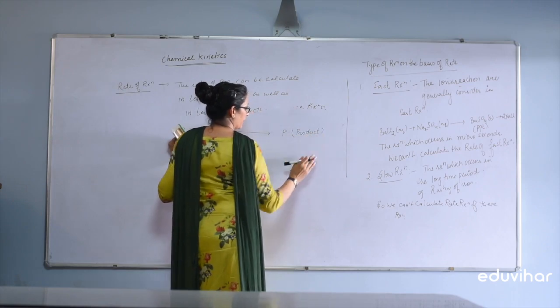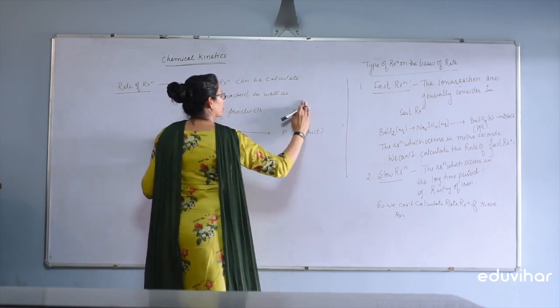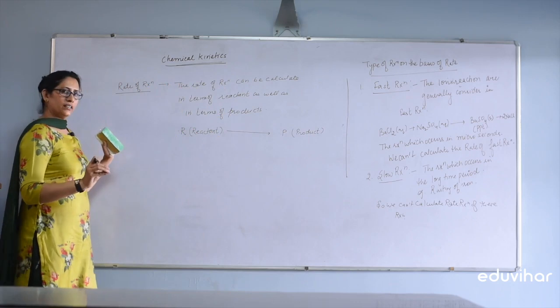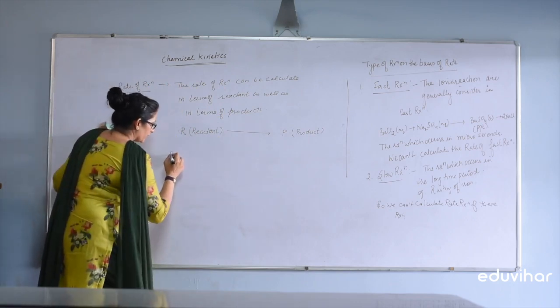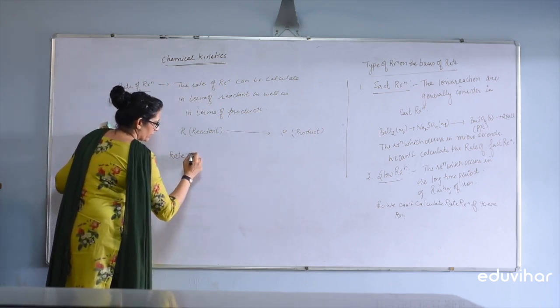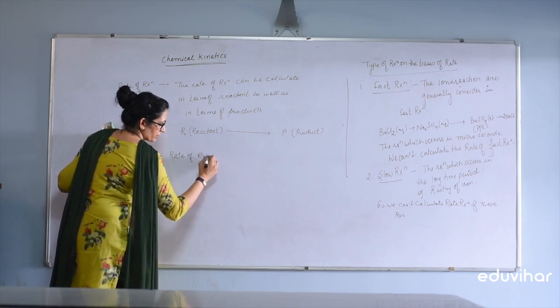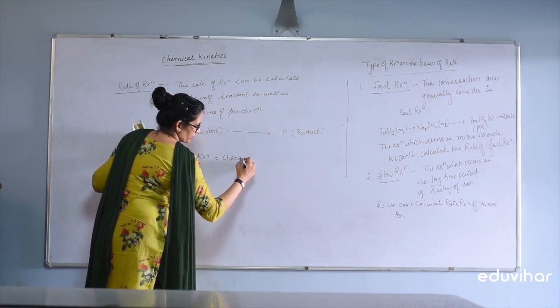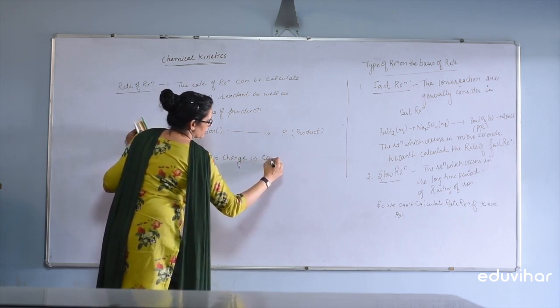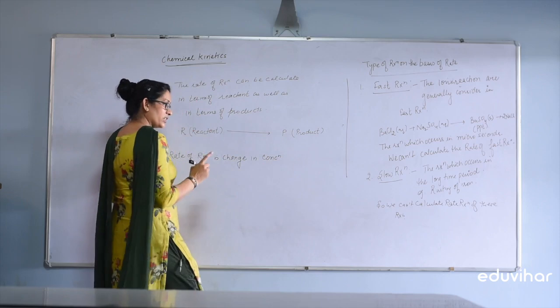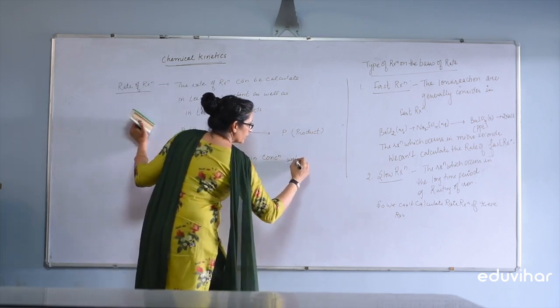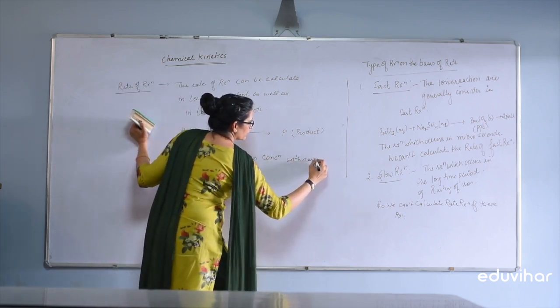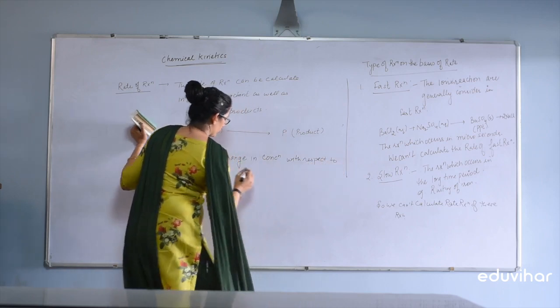Then how can we write the rate of reaction? Rate of reaction is change in concentration with respect to time.